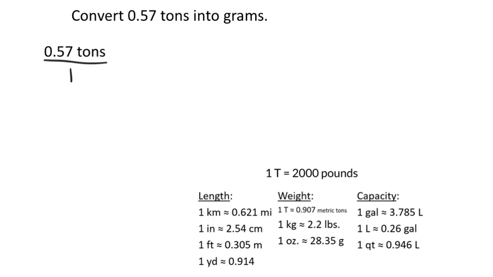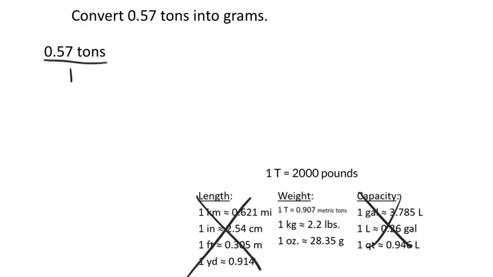Now, the conversion factors they give us, tons and grams, these are weights, so it's not a length or capacity. So we can get rid of that garbage. It's a weight. Now, the only conversion for tons is into metric tons. Now, I couldn't actually tell you what a metric ton is, so I'm not going to use it.